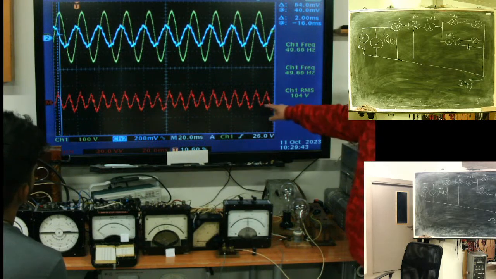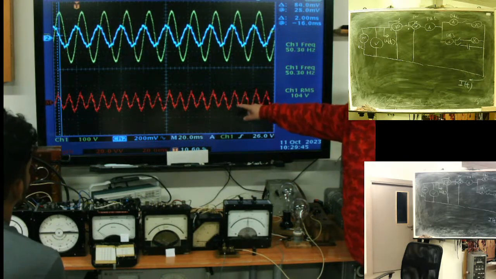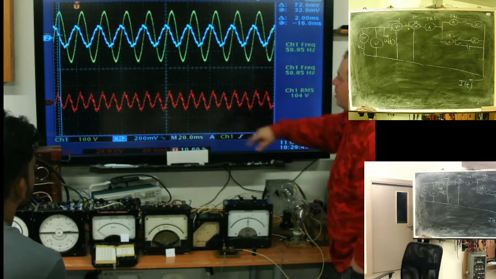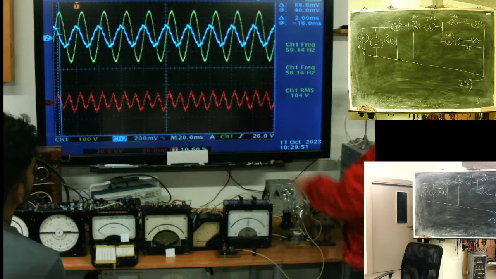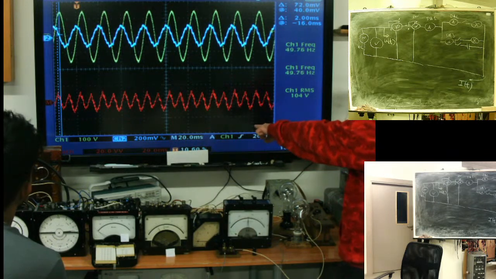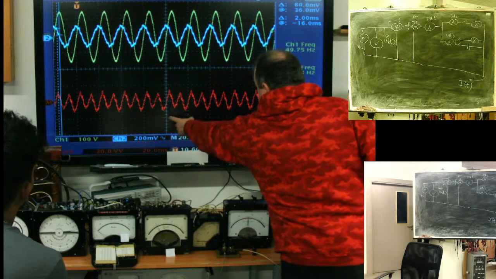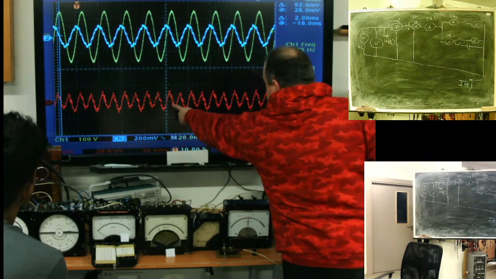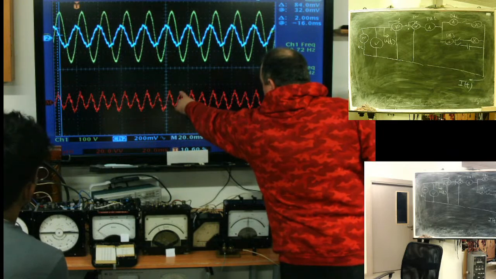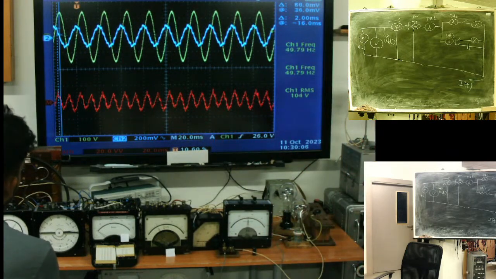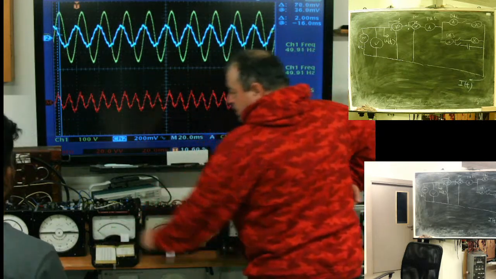And the instant power, if we sum for one period, one period is this division. So within one division, up, down, sum is 0. And we see 0 power here.